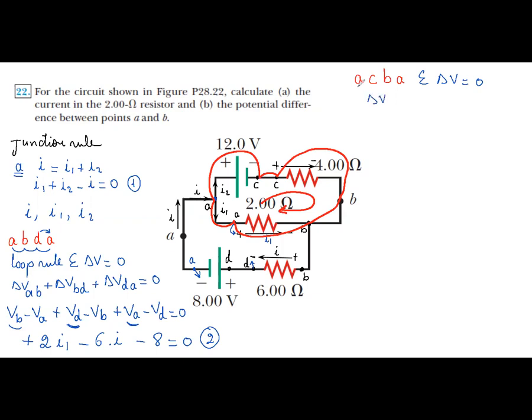Delta V AC, CB, BA equals VC minus VA, plus VB minus VC, plus VA minus VB, equals 0.